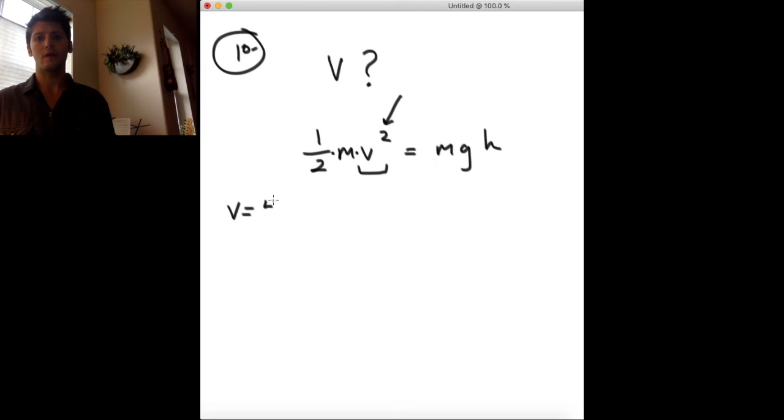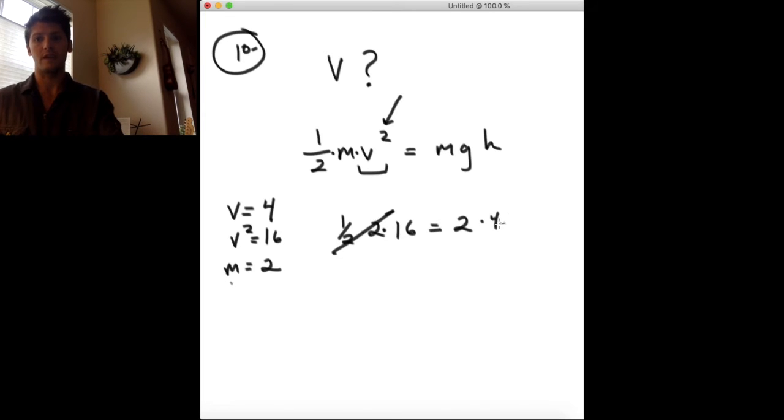If v is 4, then v squared is 16, and then let's make m like 2, so that we have 1/2 times 2 for m, and then v squared, which is 16, and that equals 2. And then we don't know what g and h are, but we got to make this work here, so let's see. Those things cancel, so then maybe we'll make g equal 4 and h equal 4. It's dangerous to make two numbers the same.